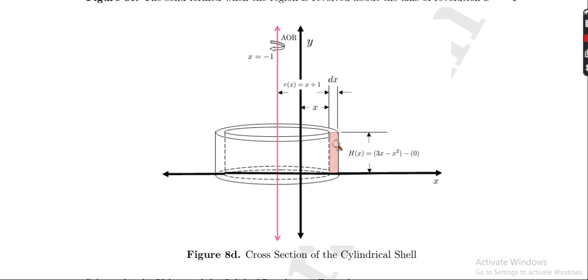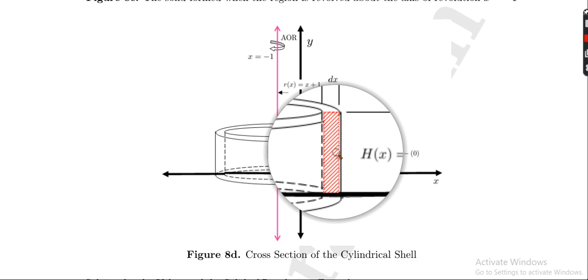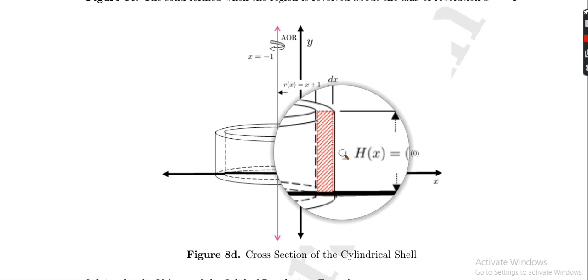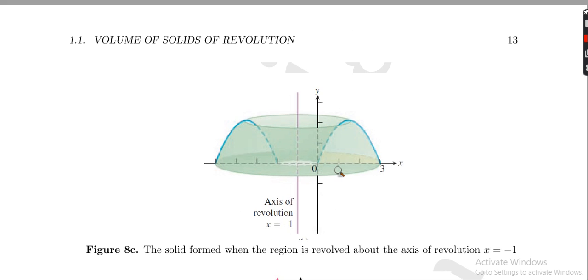Okay, unahin muna natin ang height ng ating cylinder. So again, the height of the cylinder is equal to the f of x minus the g of x, or the upper function minus the lower function. Okay, so nasa saan ba yung upper function natin, o yung ating upper boundary?